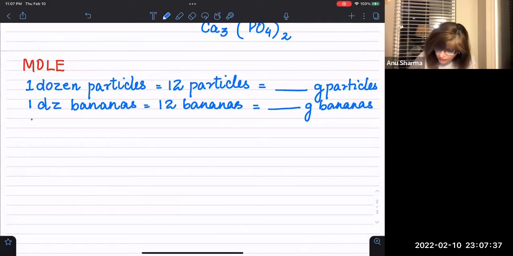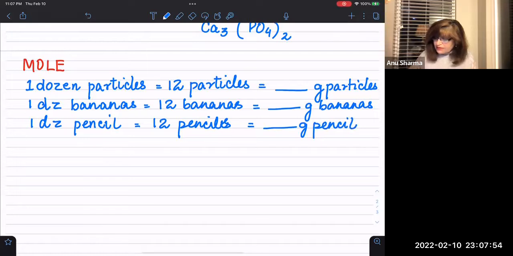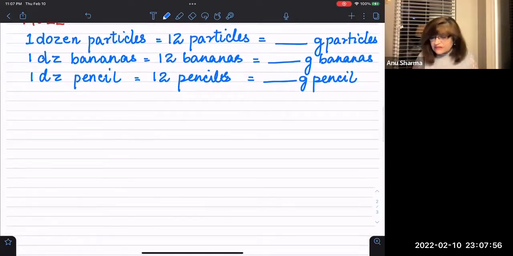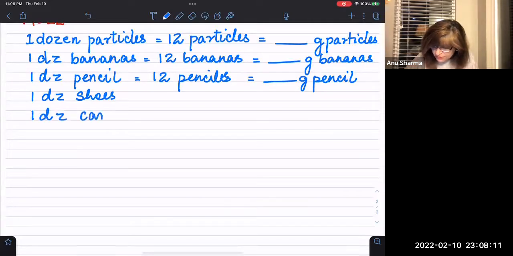1 dozen pencils, on the other hand, will have a different weight, but we are talking about 12 pencils, and whatever their weight is, that is the grams of pencils. So weight is variable, but the number of particles is the same, and the dozen is the same. Now look at 1 dozen shoes, or 1 dozen cars, totally different.